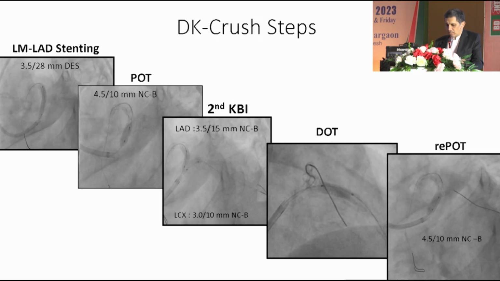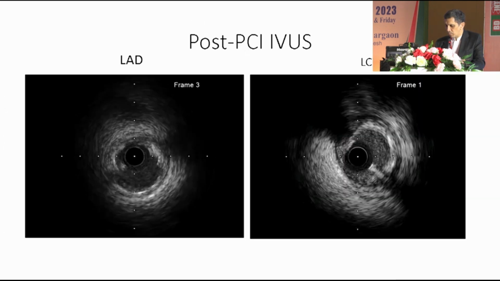And then putting the LM 3.5 by 28, and then POT using a 4.5 millimeter NC balloon. And then the second kissing using a 3.0 balloon at circumflex-left main, and then a 3.5 balloon to LAD. And we also optimized the mid-proximal part of LAD using a 4.0 balloon. And then we did the report.